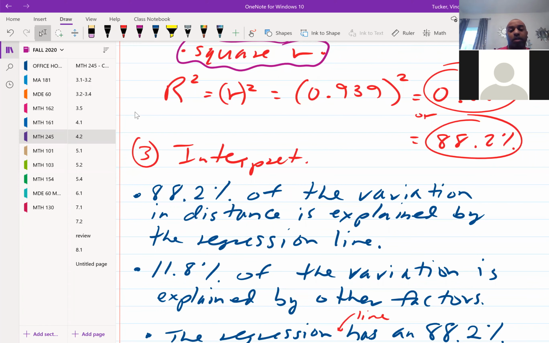Whether it be the wind, because you're outside, you never know what could happen. You may hit a bird, something in the atmosphere that can alter the distance. Or if the ball rolls, and that's part of your distance calculation, the ball may land on a slope and roll down.